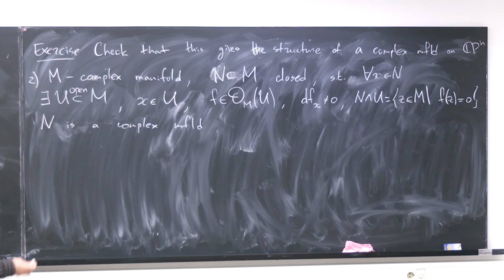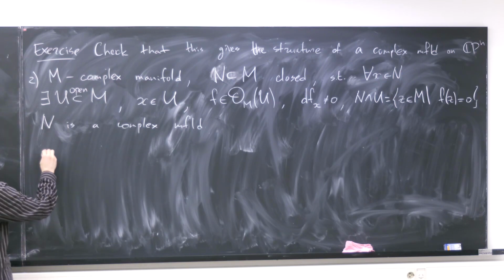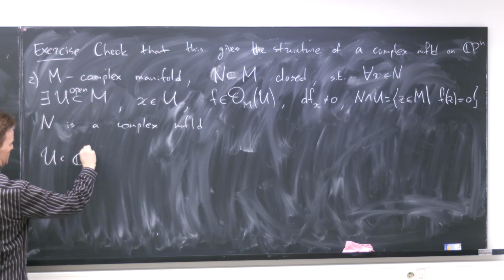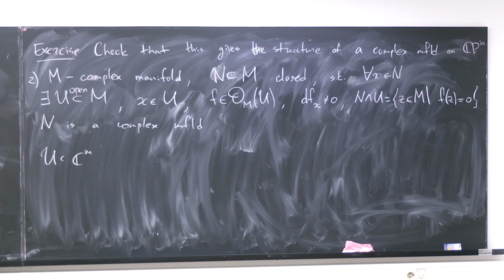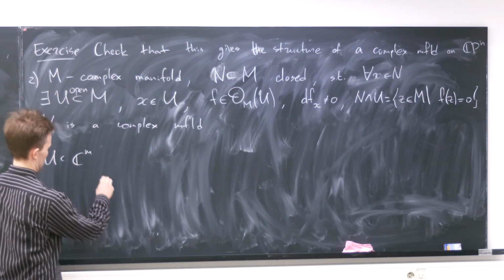Indeed, using these holomorphic charts, we can always shrink this U and assume that it lies in one chart, and then we can simply assume that U is an open subset in Cm, and then we have this function f whose differential is not zero at some point.